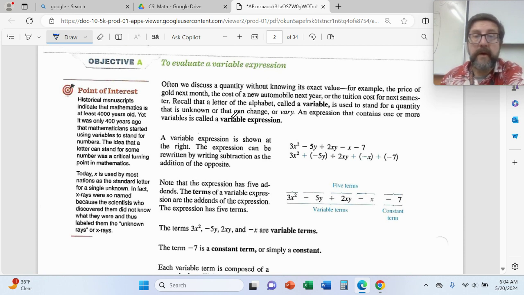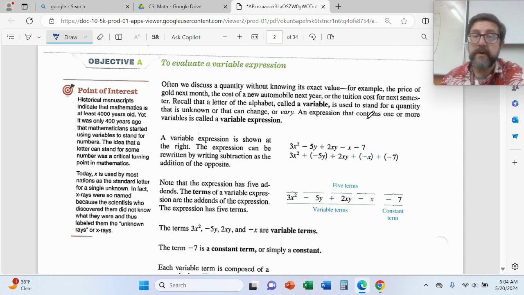Recall that a letter of the alphabet called a variable is used to stand for a quantity that is unknown or can change or vary.